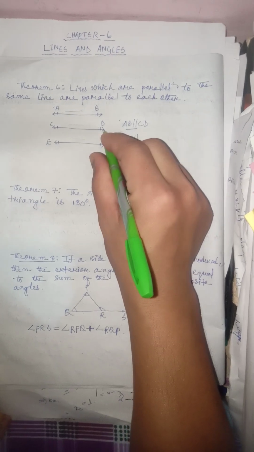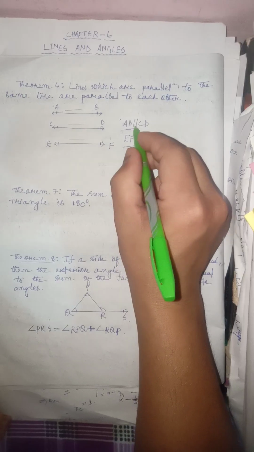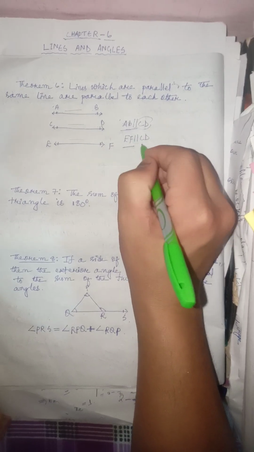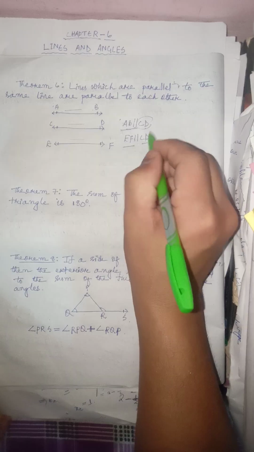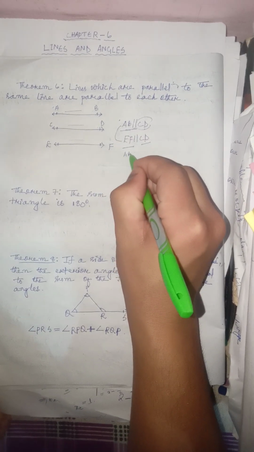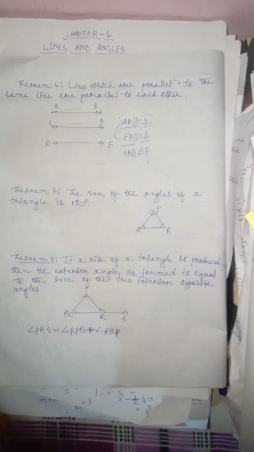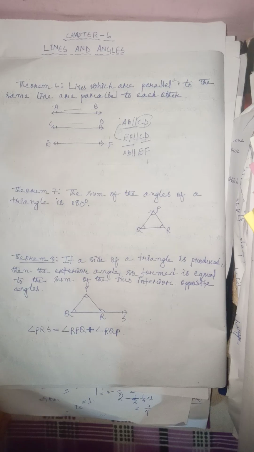EF is parallel to what? It is CD. These two are lines parallel to the same line, that is CD. And if so, these two lines should also be parallel to each other. This is what Theorem 6 actually wants us to know.